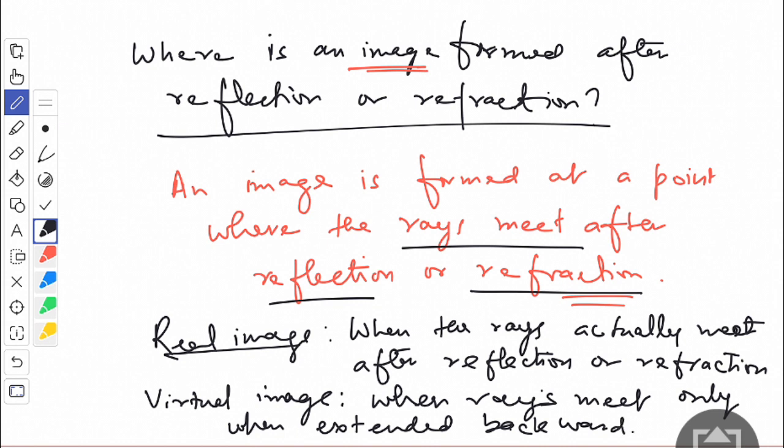So these are the two definitions. One is real image, second is virtual image. In a real image, the rays actually meet, and in a virtual image they meet only when extended backward. This is the difference between the real and the virtual image.